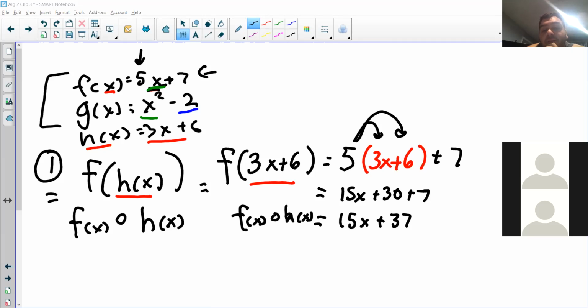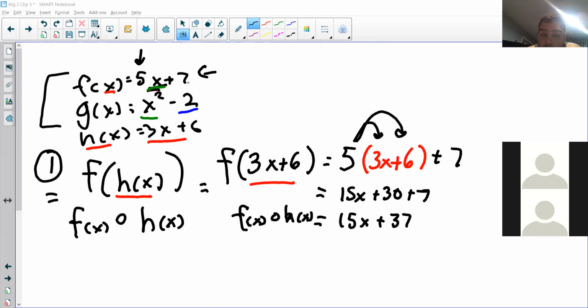Be a little bit more clear in what you mean, Mariah. You can just substitute. You can replace things that are equal to each other. So the h of x, I replaced it with 3x plus 6. And then the x inside, I replaced it with 3x plus 6. Okay.